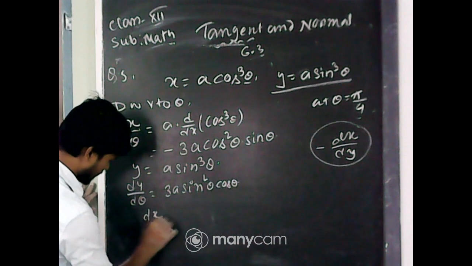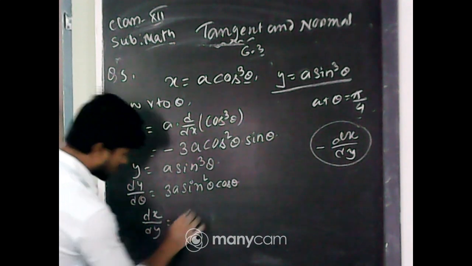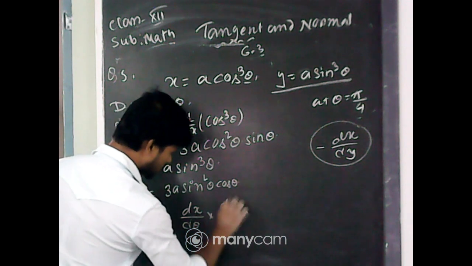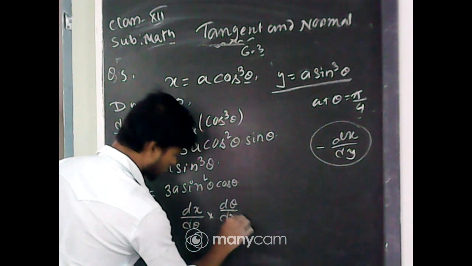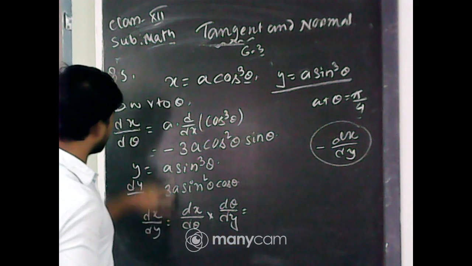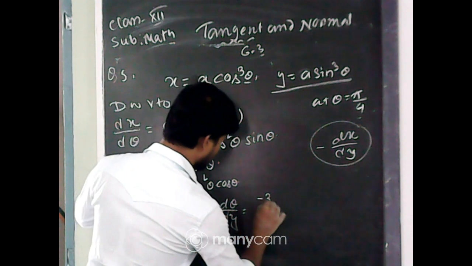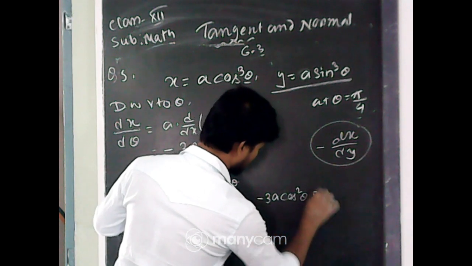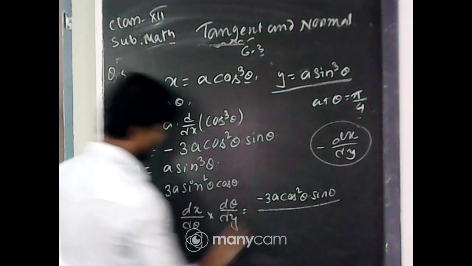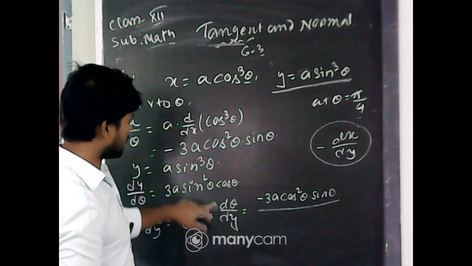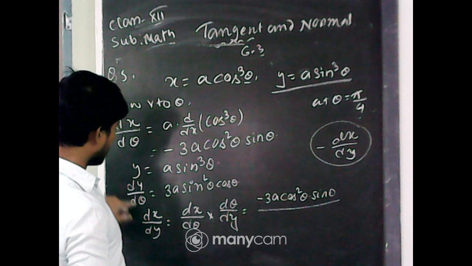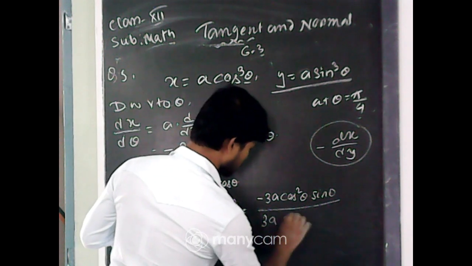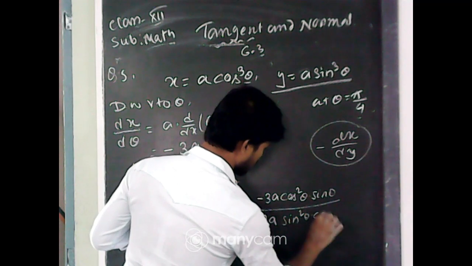So dx dy is equal to dx d theta into d theta dy. Now the value of dx d theta is minus 3a cos square theta into sin theta, and d theta dy means reciprocal of dy d theta, which is 1 upon 3a sin square theta cos theta.